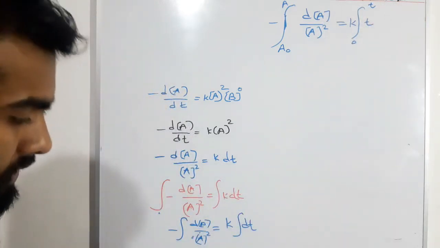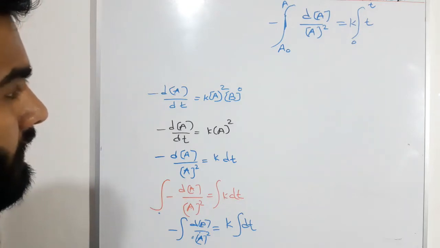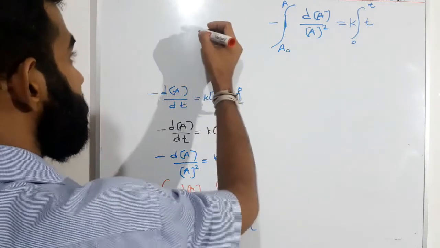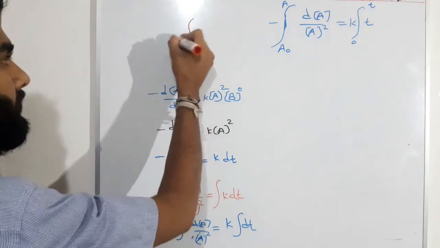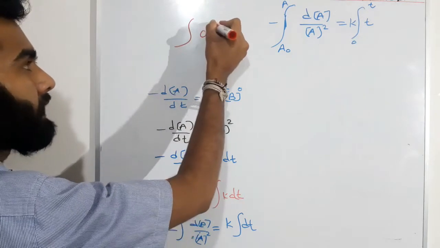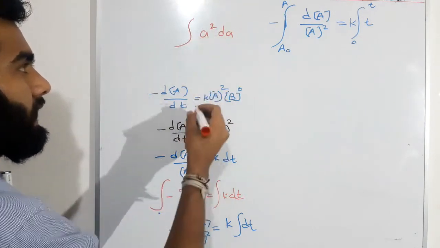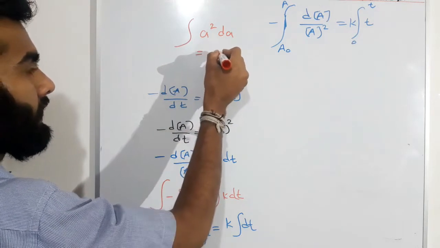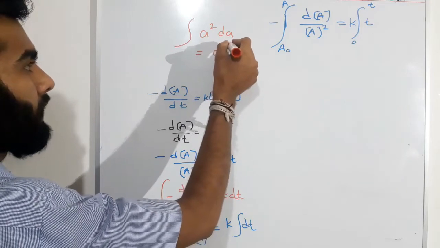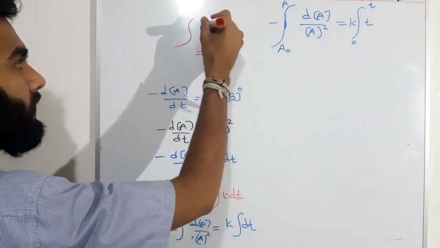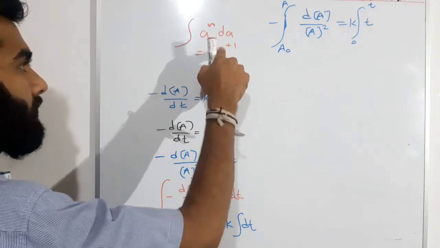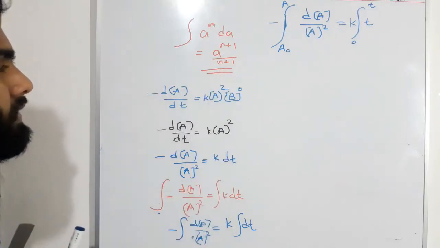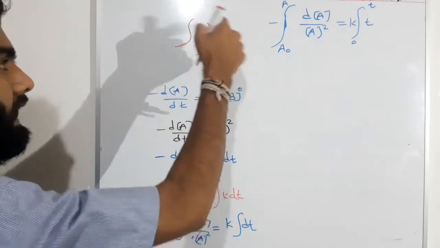Okay. How can we integrate? In this situation, we have to remember another integral rule, the power rule. If we want to integrate a power of something with respect to its variable dA, we can write it as a to the power, that particular power, plus 1. Here I will introduce a common term n as the power, so a to the power n plus 1, divided by n plus 1. This is the answer of the integral form of this a to the power n.